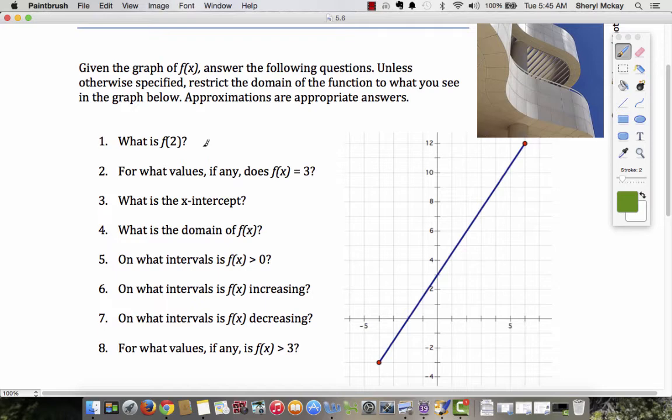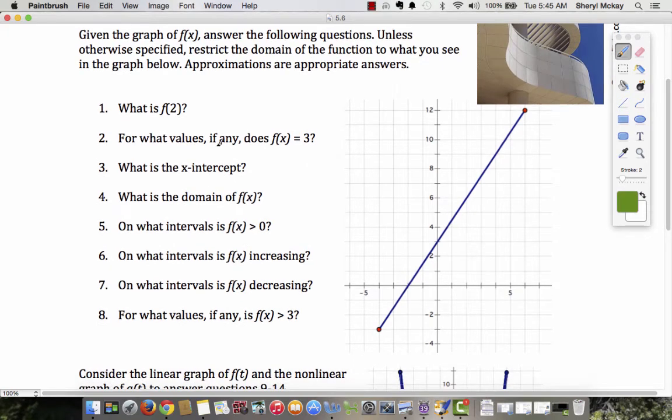We put x in, and what do we get out? So when I put 2 in, here's 2. What do I get? Well, I'm going to go up the graph, and I'm going to see that f of 2 is 6. So when x is 2, y is 6.